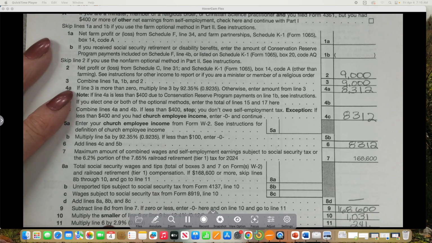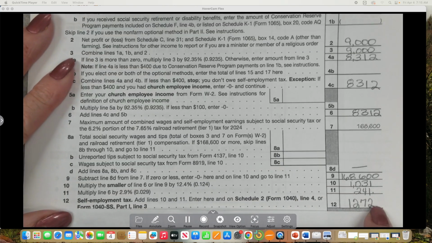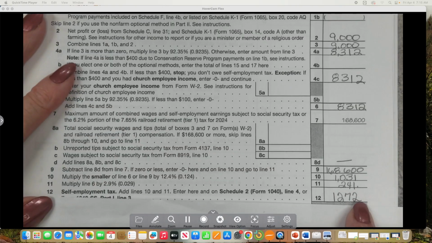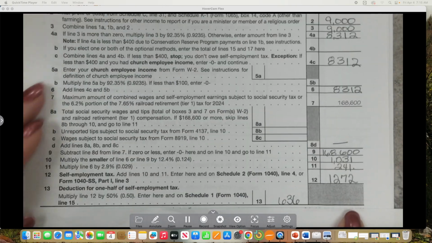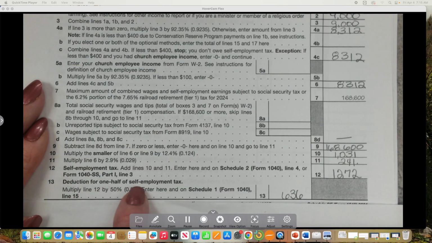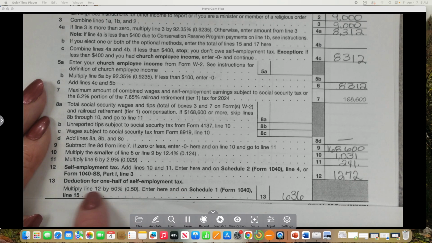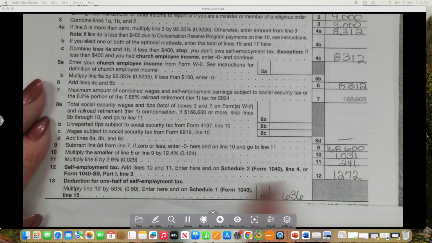And then we're going to multiply line 6 by 2.9%, which is going to give us $241. So our self-employment tax is going to be $1,272. Oops, sorry. And as I go down here, it also says deduction for 1/2 of self-employment tax. Multiply line 12, which is this line, by 50%, or you can just do half.